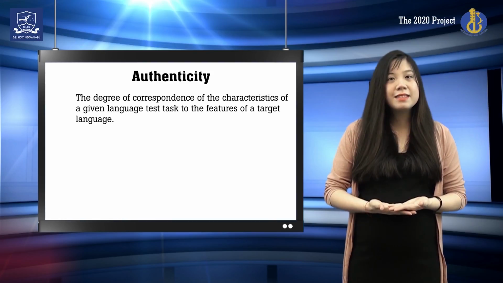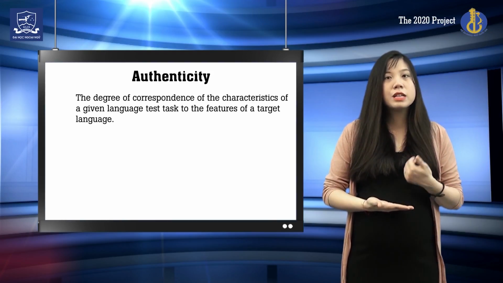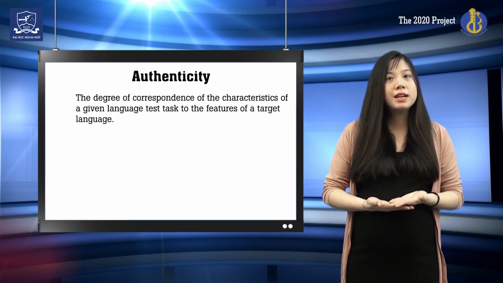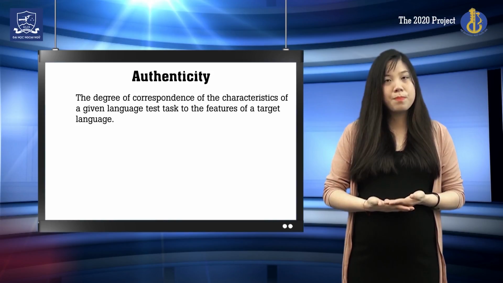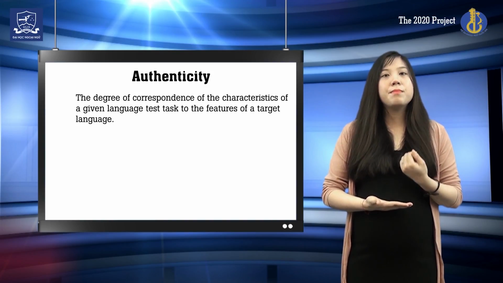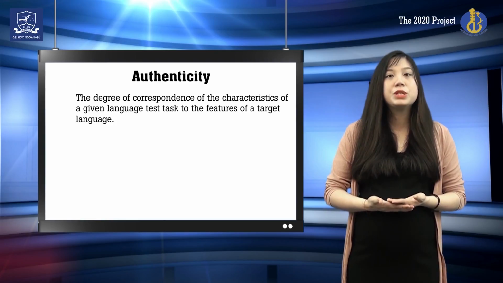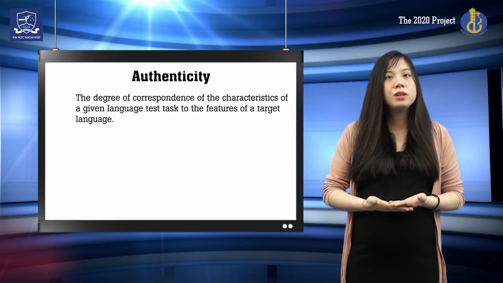An authentic test contains language that is as natural as possible, has items that are contextualized rather than isolated, includes meaningful, relevant, interesting topics, provides some thematic organization to items such as through a storyline or episode, and offers tasks that replicate real-world tasks.